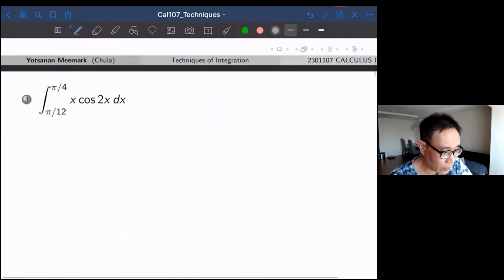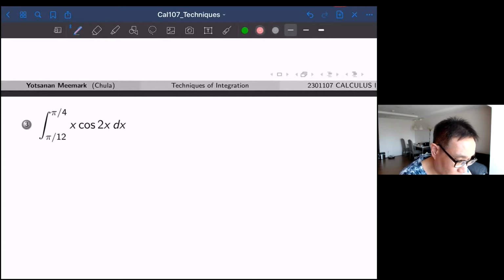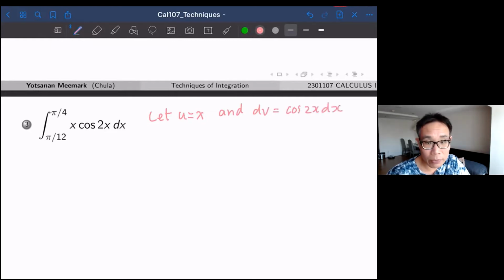The next one is going to look like the previous one, but now it's x cos 2x. In this case, you're just going to use by parts. You let u be x and dv be cos 2x dx, by the remark that we mentioned before.